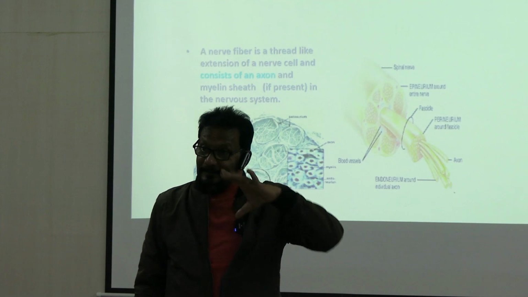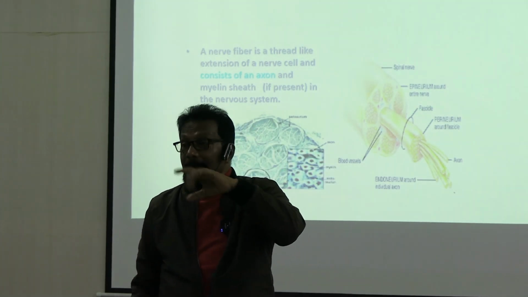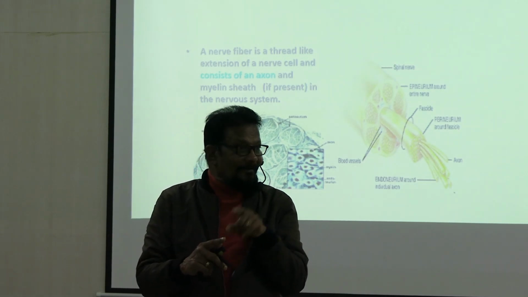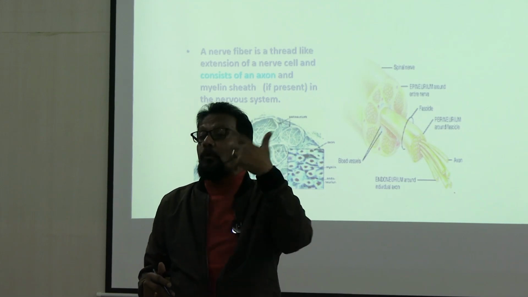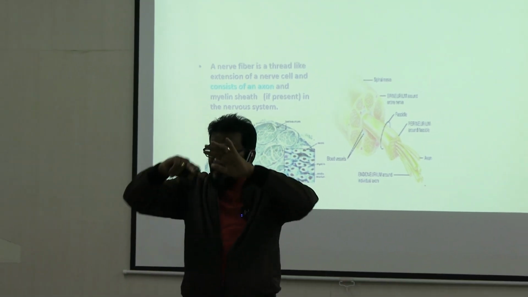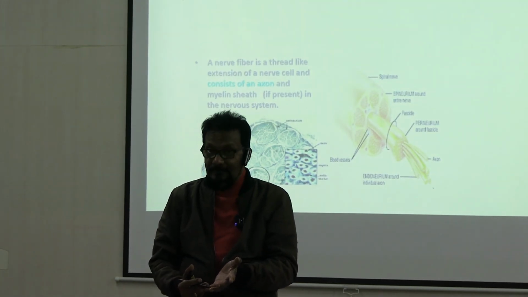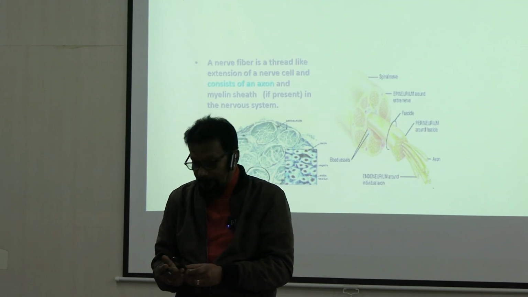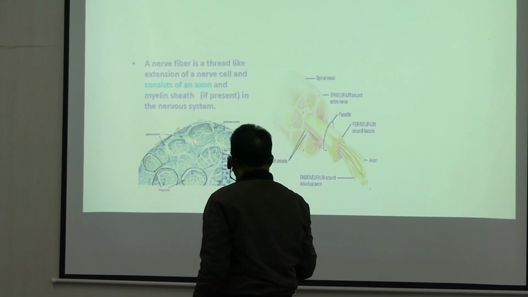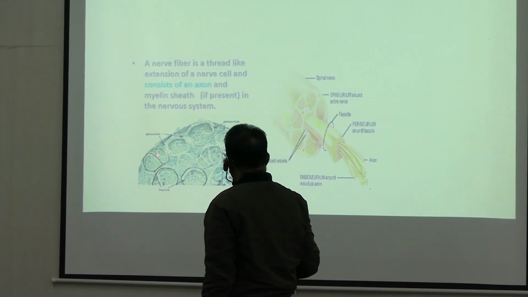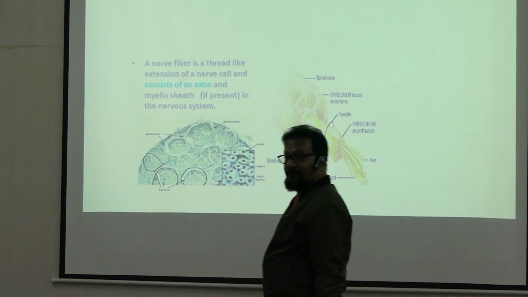Then in a nerve tract, there can be a number of fasciculi, and again they will be wrapped by a sheath, a membrane. Let's see what these membranes are. All this together is a nerve bundle.